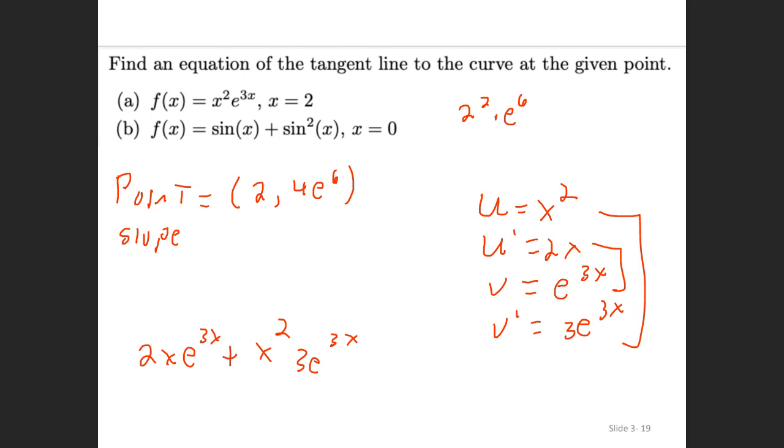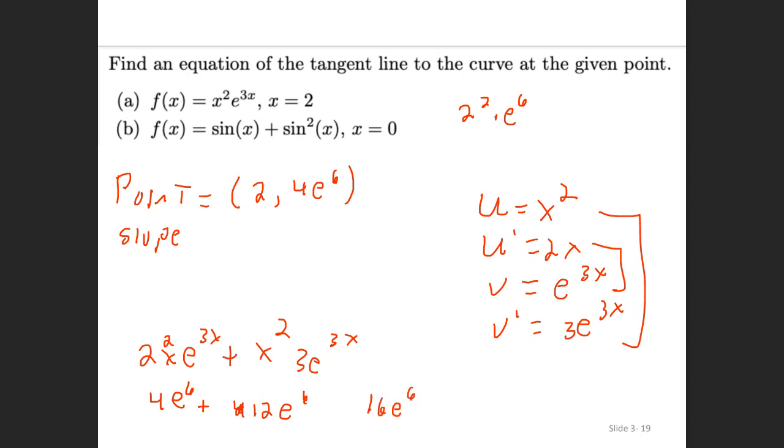Now that's the formula that's going to give me my slope. So I'm going to plug 2 in here. That's going to be 4e to the 6th plus 4 times 3, so that's 12e to the 6th. So that gives me 16e to the 6th.